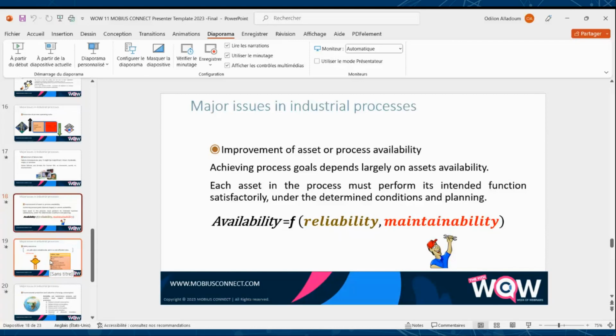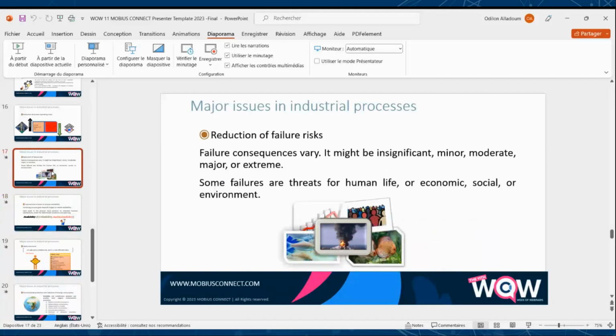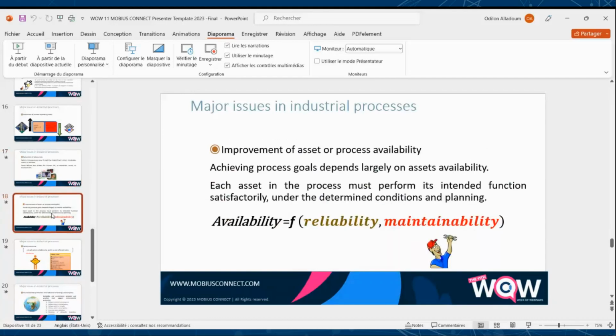The next point is about, excuse me, I shift directly to process availability. Before we were here, now we are here. So operation, or manufacturing cost depend on process productivity.